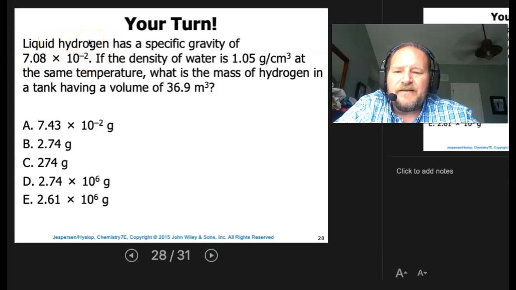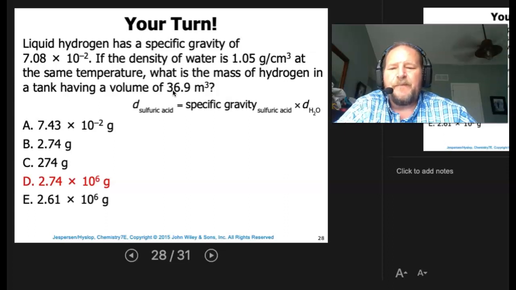We want to get then the density of the liquid hydrogen at whatever temperature this is. All right, so we'll do that. And then once we have the density of the liquid hydrogen, we can use the volume here to figure out the mass. I'll pause again and let you try to calculate that out before I work it out on the slide. Hopefully you got 2.74 times 10 to the 6th.